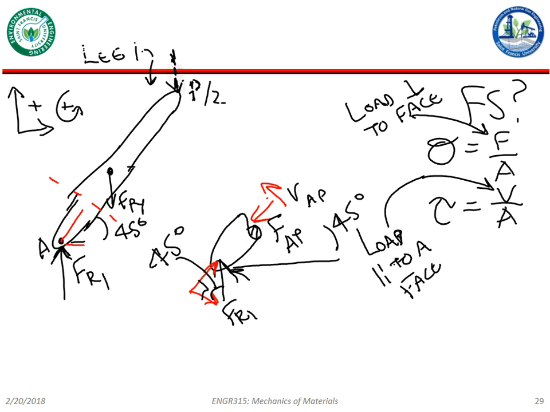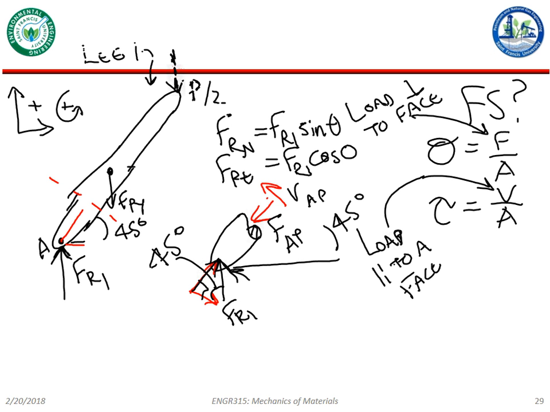So if I want to get the normal component, make sure I'm saying this correctly. Yeah, because that would go to 90. Yep. I could say to get the FR, say normal equals FR1 sine theta, FR tangential or shear would be FR1 cosine theta.